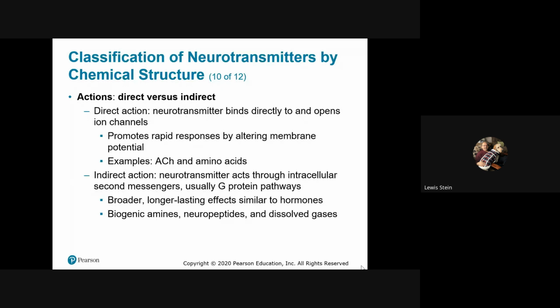Indirect, typically the biogenic amines, second messengers, long-lasting, the neuropeptides we talked about, the gases, because when you're going through that G protein passageway, and before you get to that cascading effect of the second messengers, it's certainly taken a longer period of time. Things that take longer last longer. That's an important nugget.